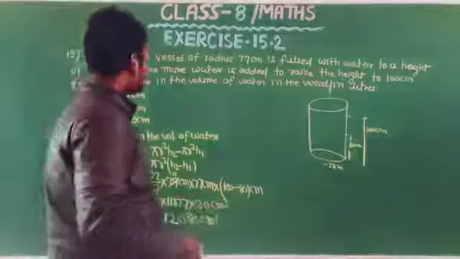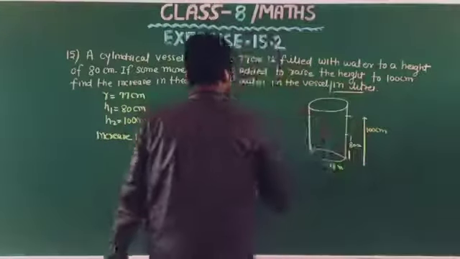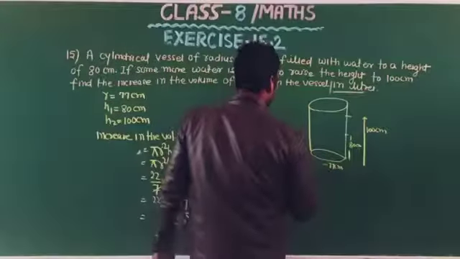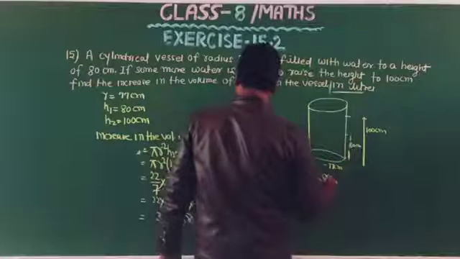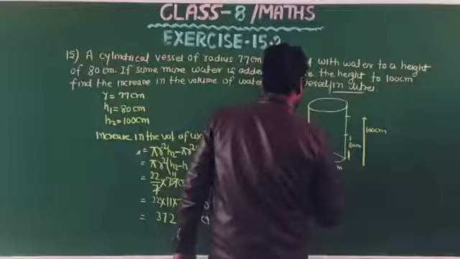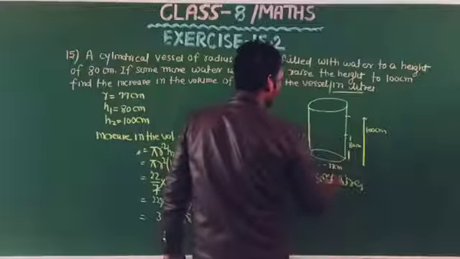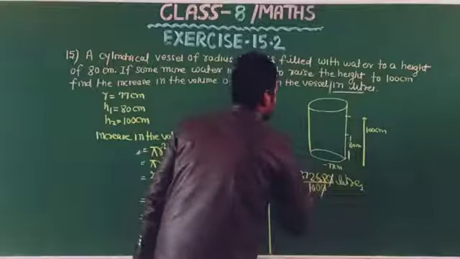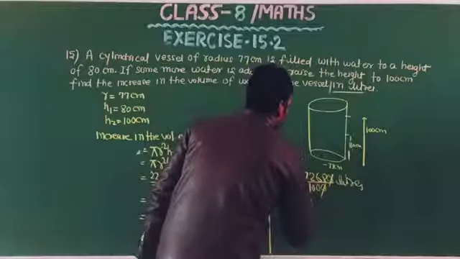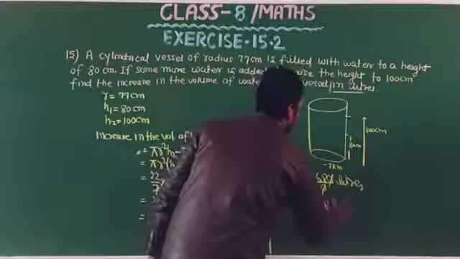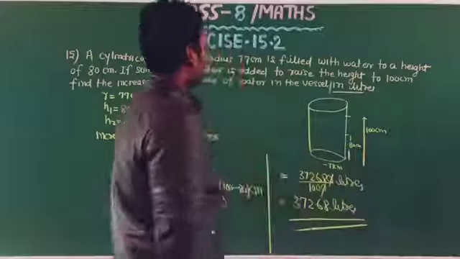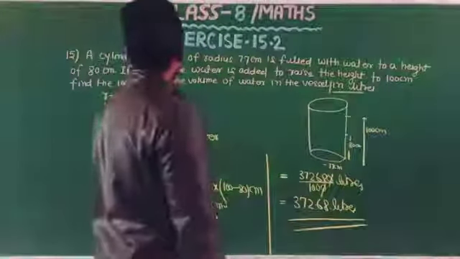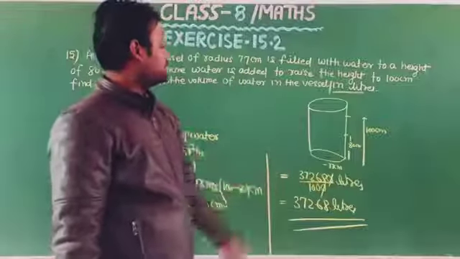This is the increase in the volume of water, equal to 372680 centimeter cube. But here we have to give the answer in liters, so we need to divide by 1000. We can cancel the zeros from numerator and denominator. After simplification we get 372.68 liters. This is the increase in the volume of water in the vessel in liters.